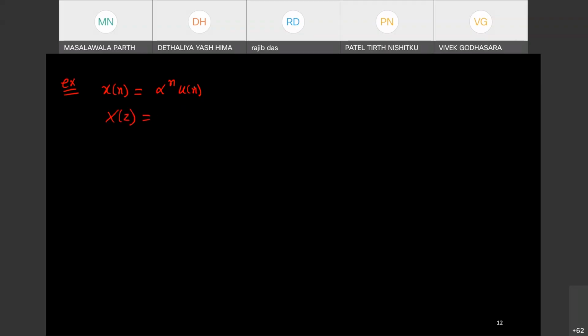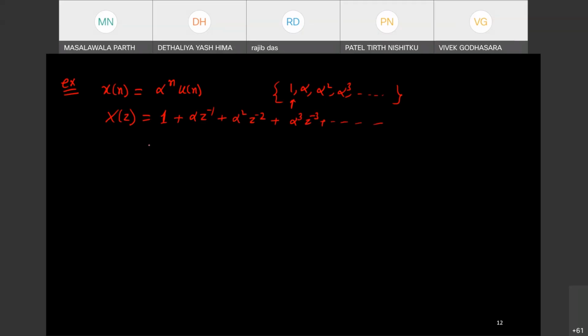So u of n is multiplied. The first one is n equal to 0, it is 1. So you have the sequence 1, alpha, alpha square, alpha cube, like that, starting from here. So obviously you will get 1 plus alpha z to the power -1 plus alpha square z to the power -2 plus alpha cube z to the power -3, like that.